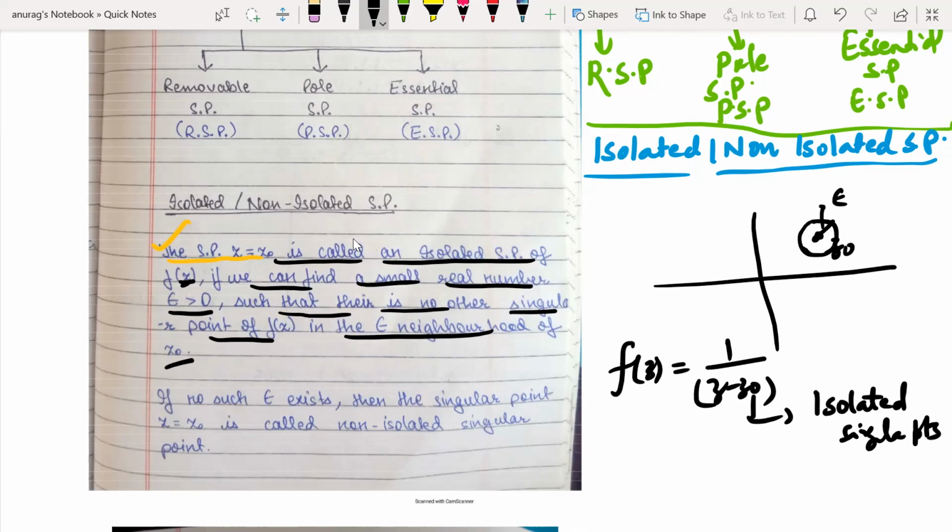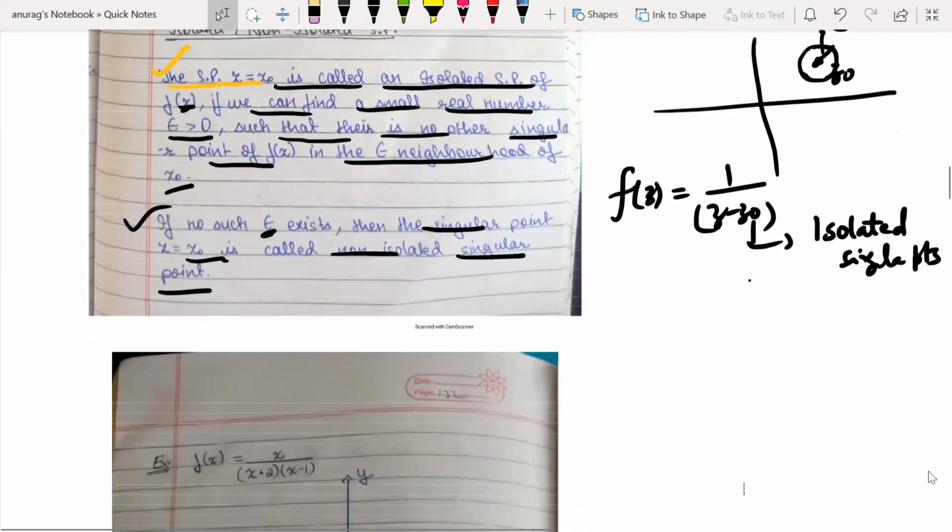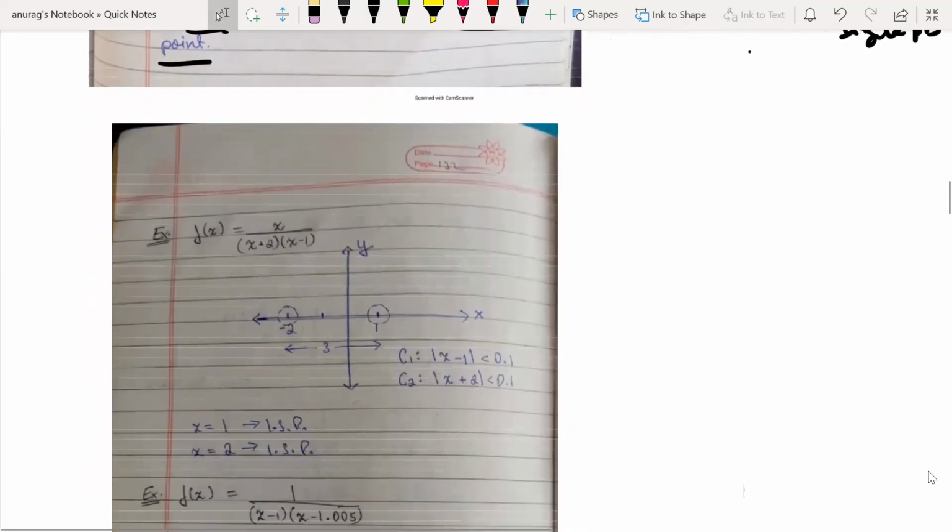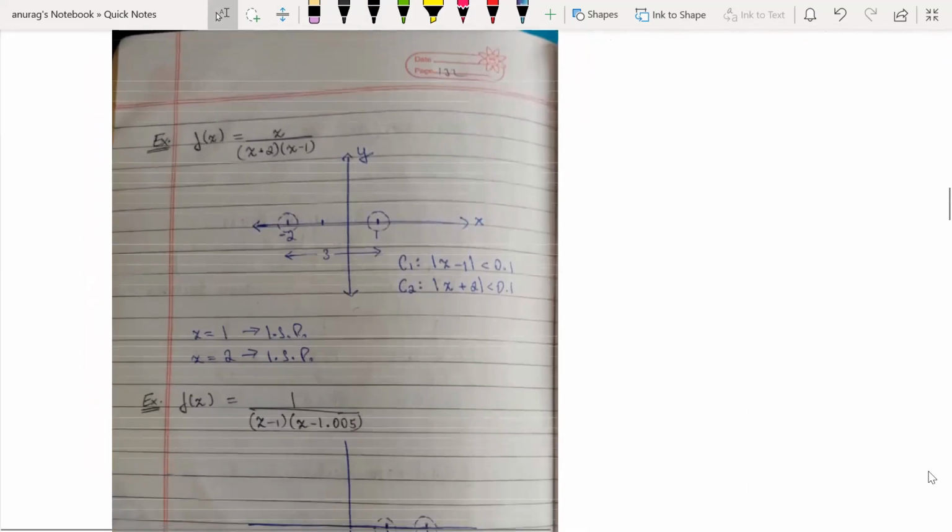If you have some other points also in this neighborhood, then this point becomes a non-isolated singular point. If no such radius or epsilon exists, then the singular point z equal to z naught is called a non-isolated singular point. So let's see some examples based on these two definitions, and we can classify the difference between isolated and non-isolated singular points.